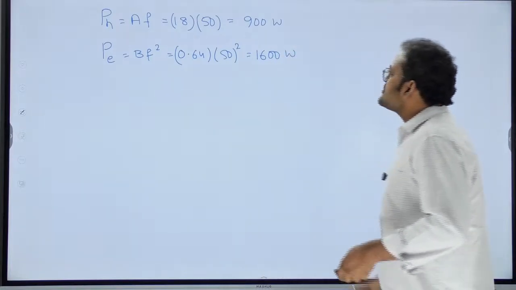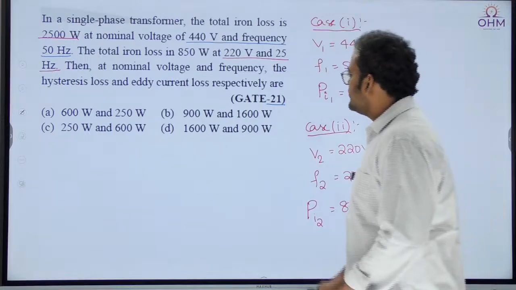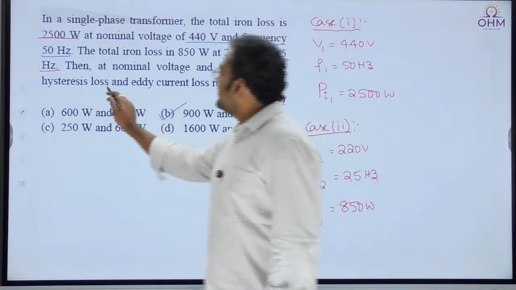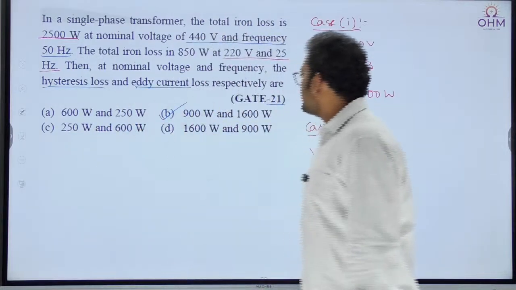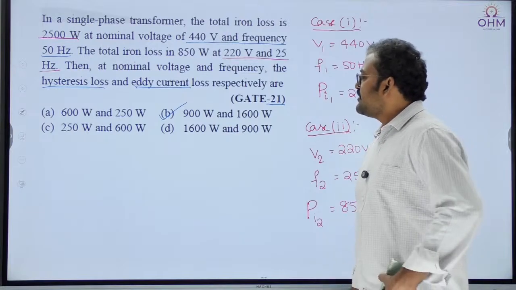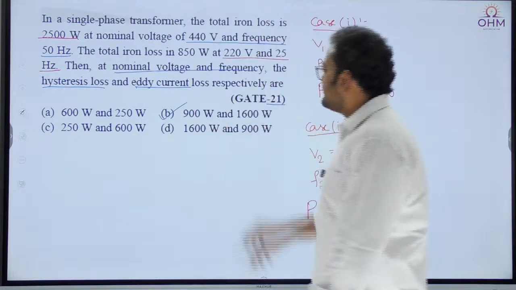Therefore, hysteresis loss was 900, eddy current loss was 1600. So you can see second option will be correct, because the answer we need is hysteresis loss and eddy current loss. So second option, hysteresis loss 900, eddy current loss 1600. At which condition? This is at a nominal voltage and frequency.